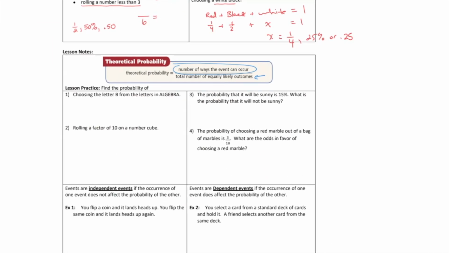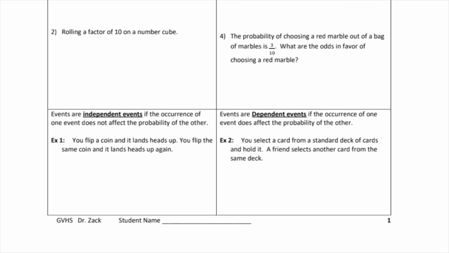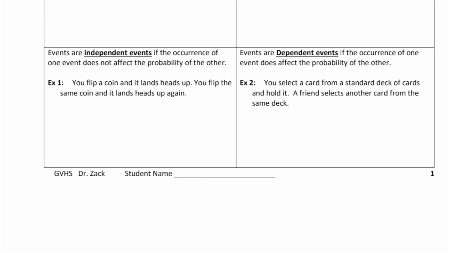So questions 1 through 4, go ahead and complete those on your own. And then we'll look at independent and dependent events. Now an independent event is an occurrence of one event that does not affect the probability of the other. Dependent events occur when the first event will affect the probability of the other.